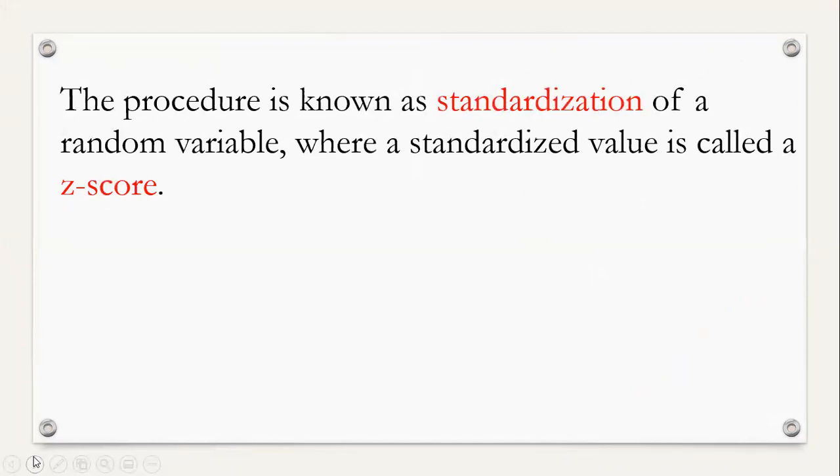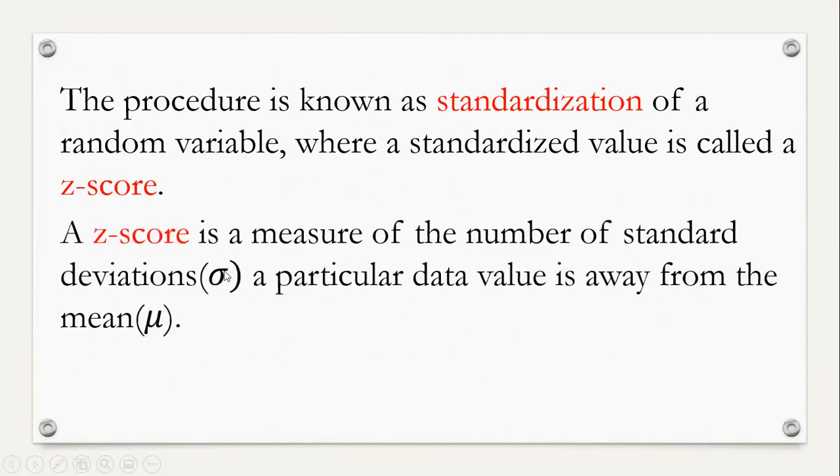So what we did actually is known as standardization. If there's a random variable x, the process of converting it using the z formula is known as standardization. That's why we have the standard random variable, or simply called z-score.